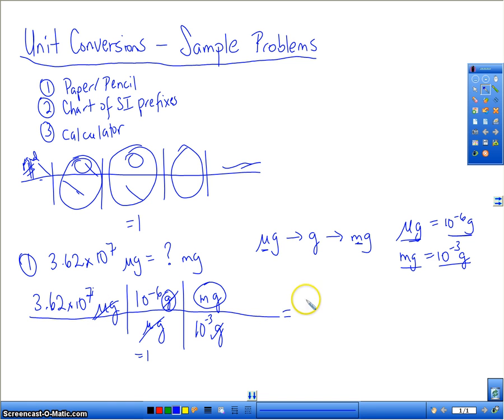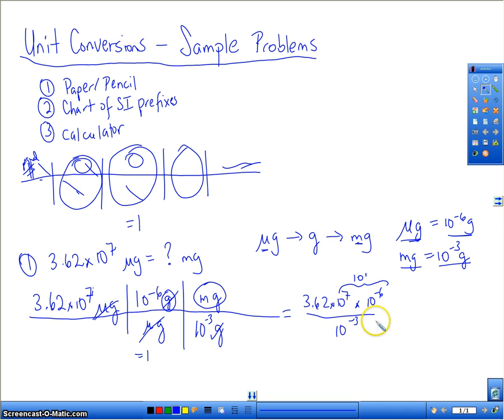When I multiply it, I'll have 3.62 times 10 to the 7th times 10 to the minus 6, and then divided by 10 to the minus 3. So 10 to the 7th times 10 to the minus 6, when I combine those together, that's just 10 to the 1, because 7 minus 6 is 1.